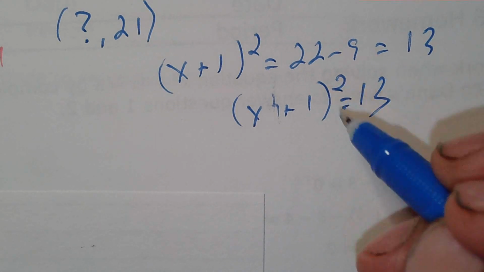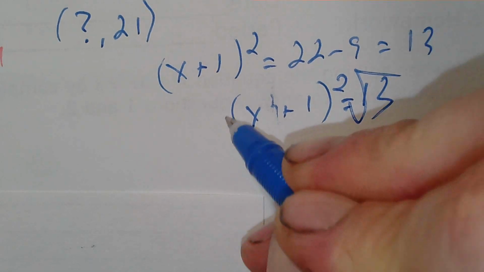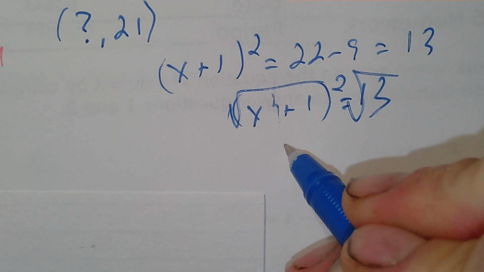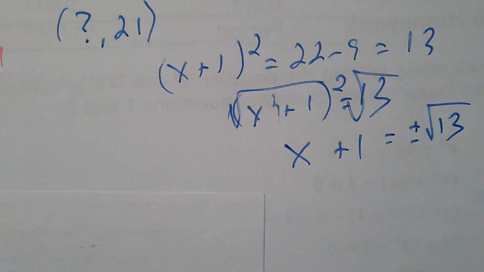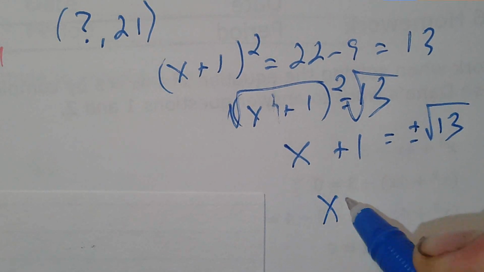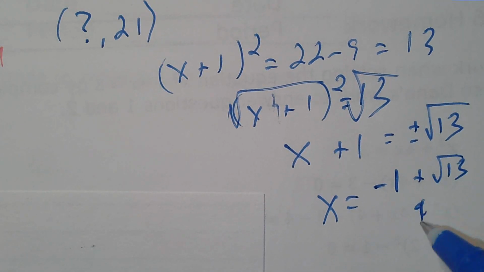Now I've got to take the square root of both sides. The square root of this is going to be x plus 1 equals plus or minus the square root of 13. So now x is going to be equal to negative 1 plus the square root of 13, and negative 1 minus the square root of 13.